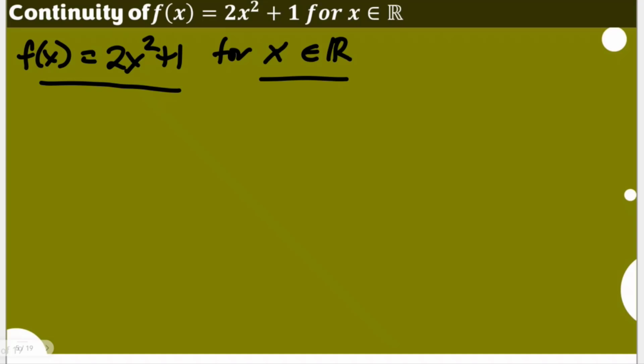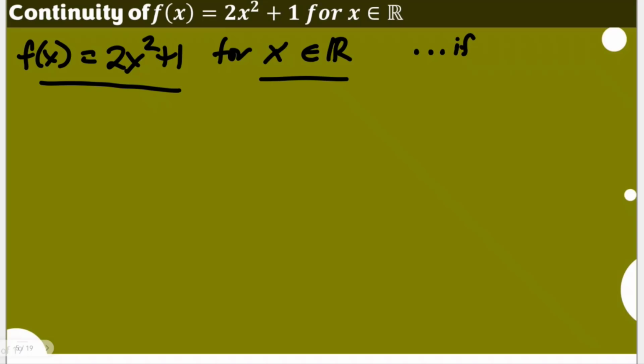Let me write here the portion of the definition. I'm going to remove the assumption of A being a subset of R, and the mapping of the function from A to R, because I would like to provide the needed portions of our proof.